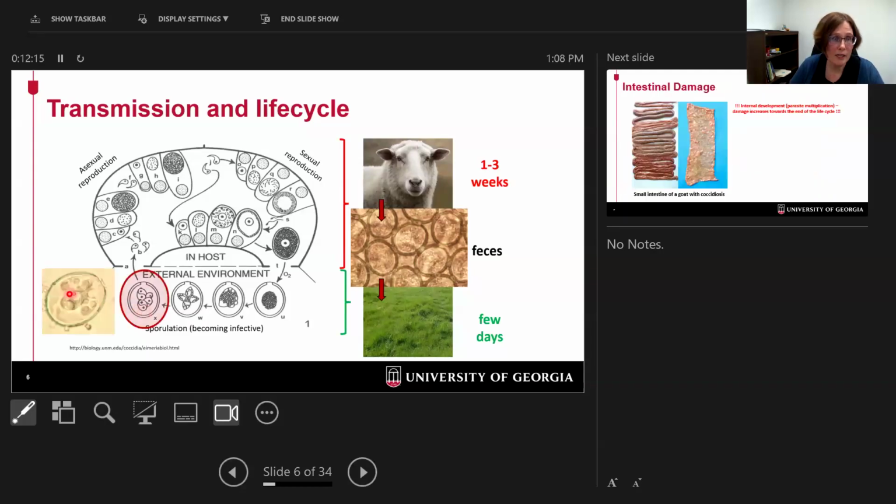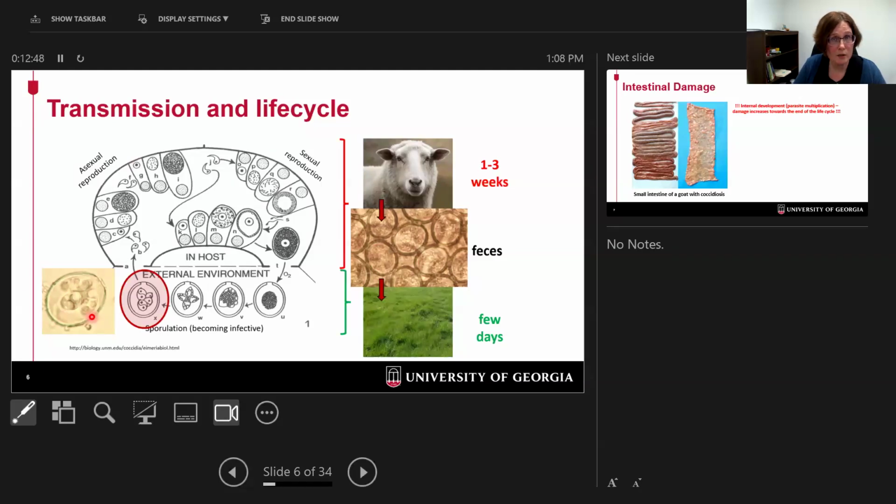And then you can see inside those little tiny newly formed parasites, and this is actually what infects the next animal. So only after we have seen the whole internal part and the whole environmental part, we have a new generation of infective parasites. And that is something to keep in mind. If you have a fresh fecal dropping from a sheep or a goat, this is not directly infective to the next animal. It's only infective after it's stayed for a few days in the environment and can actually form those internal parasites here.